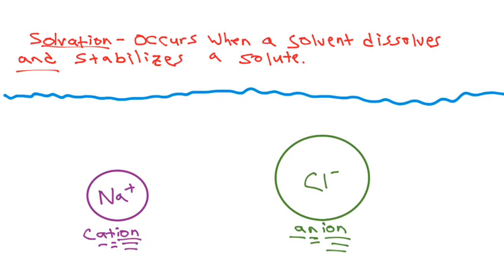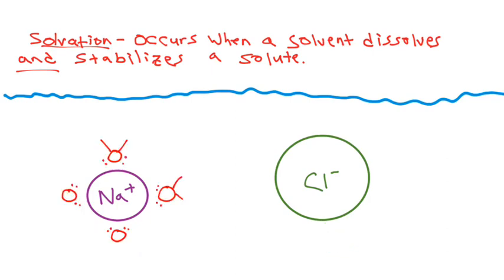Chlorine turns into chloride, which is a negatively charged atom, which is known as an anion, a negative ion. Now, what's going on with the water? What is so special about water that makes this happen? Well, as it turns out, on a molecular level, it actually looks like this.